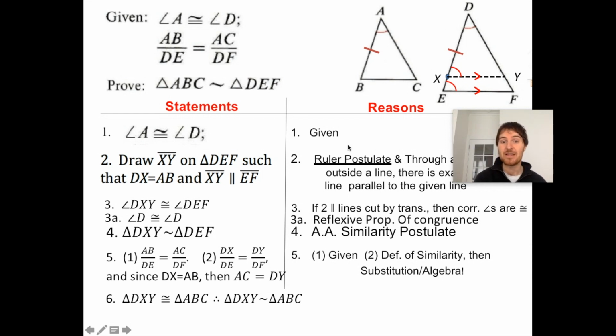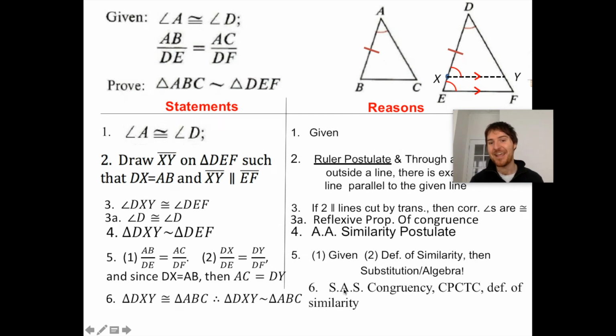Now we do because in the last step here, we established that AC must be equal to DY because DY to DF would be the same as AC to DF. So AC and DY would need to be the same, okay? So what we have here is SAS, okay? We have an SAS congruency thing here, right? And now, finally, SAS congruency, triangle ABC is congruent to triangle DXY.